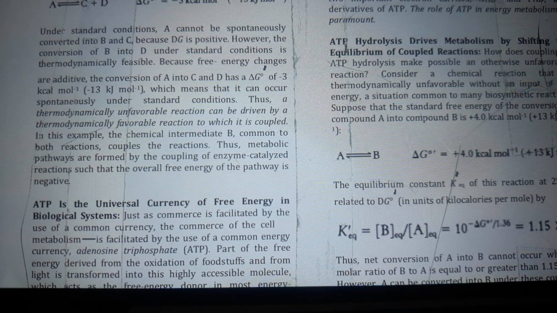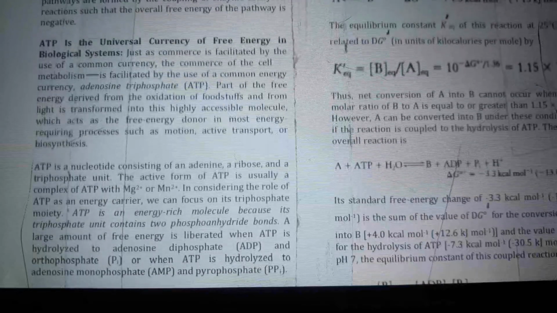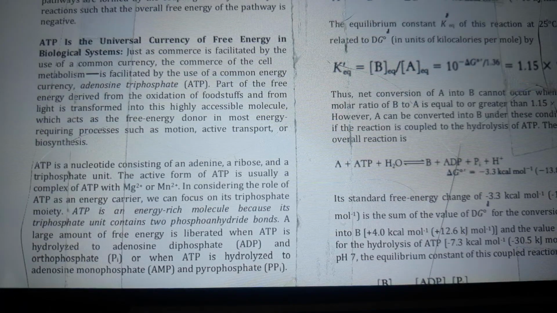Thus, a thermodynamically unfavorable reaction can be driven by a thermodynamically favorable reaction to which it is coupled. In this example, the chemical intermediate B, common to both reactions, couples the reactions. Thus, metabolic pathways are formed by the coupling of enzyme-catalyzed reactions, such that the overall free energy of the pathway is negative.